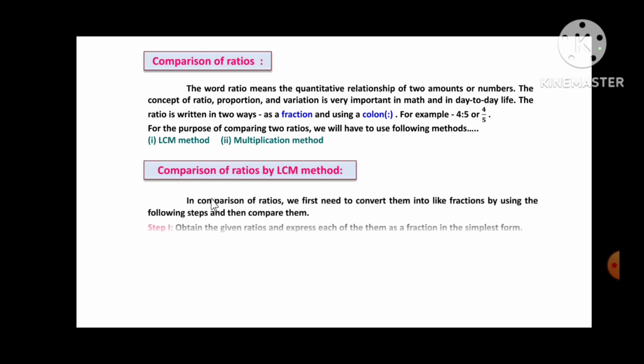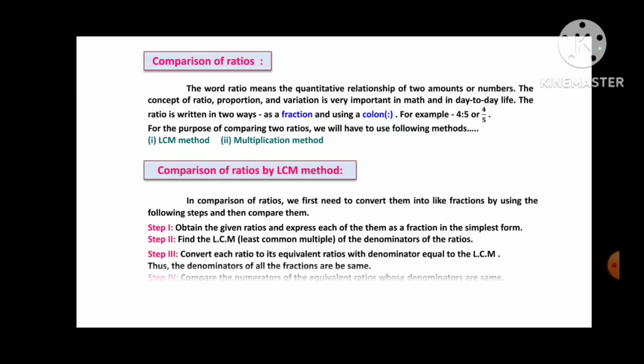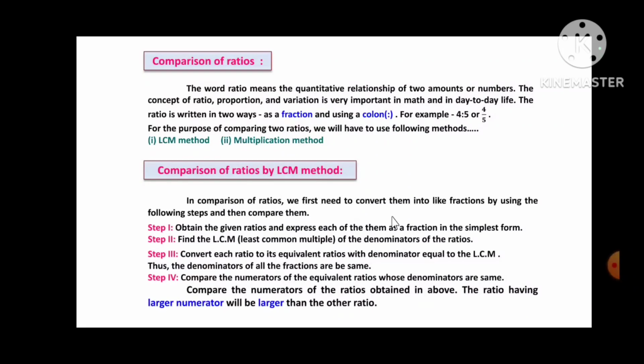LCM stands for least common multiple. Friends, in comparison of ratios, we need to convert them into like fractions, similar fractions, by using the following steps, and then compare. First step, obtain the given ratios and express each of them as a fraction in the simplest form. Second, find the LCM, the least common multiple, of the denominators of the two ratios.